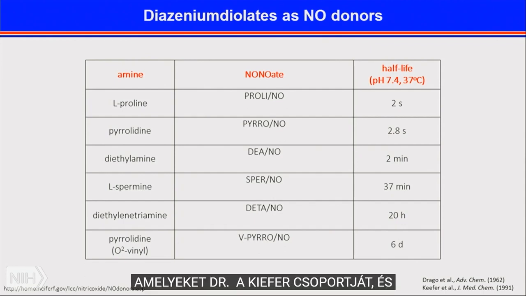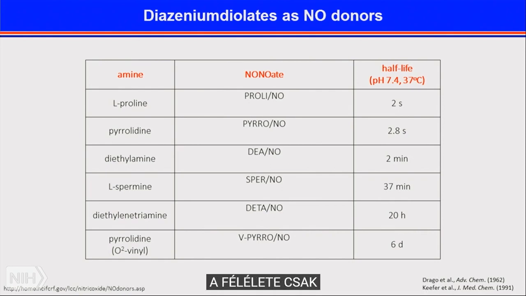And as you can see here, as the secondary amine backbone changes, the half-life changes. For L-proline, PROLI/NO is the diazeniumdiolate. It has a half-life of only 2 seconds, while DETA/NO has a half-life of 20 hours. And when it is protected at this O2 position, the half-life can increase to up to 6 days or more.